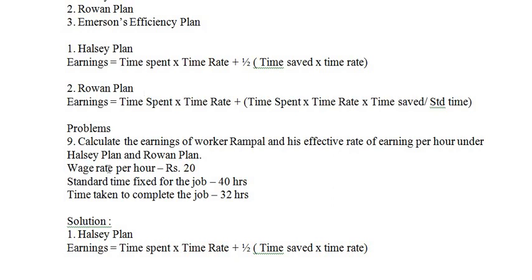They have asked us to calculate earnings under Halsey plan as well as Rowan plan. Halsey plan formula is earnings equal to time spent into time rate plus half of time saved into time rate. Time taken by him is 32 hours into time rate rupees 20, plus half of time saved.